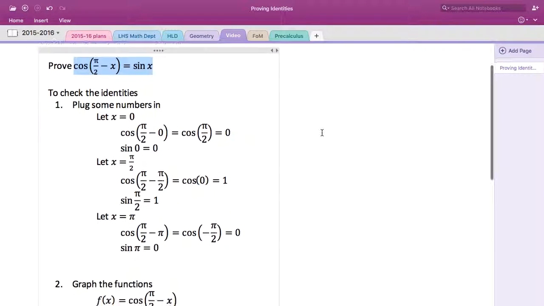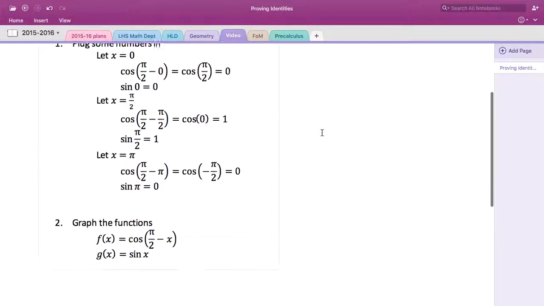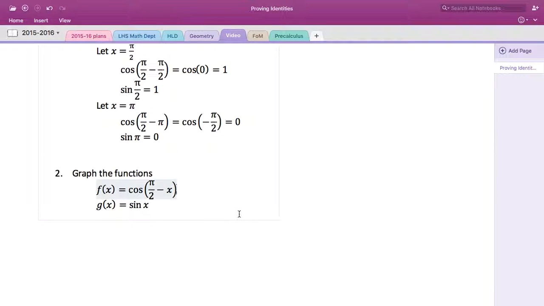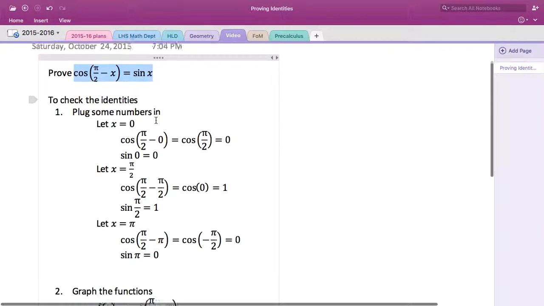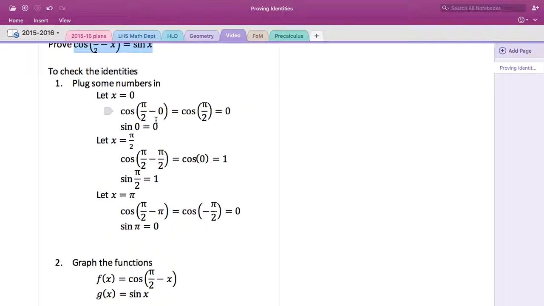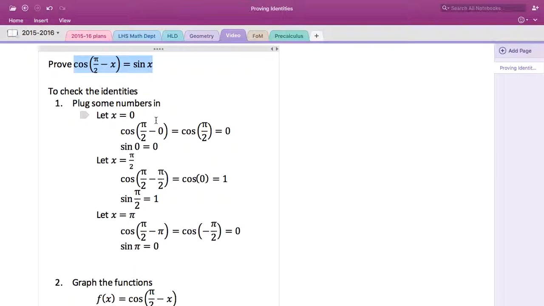With these two ways to check the identities, we are more confident, but not completely confident, because no matter how many numbers we plug in, we know there's another number, and we don't know what happens to the equations after that.